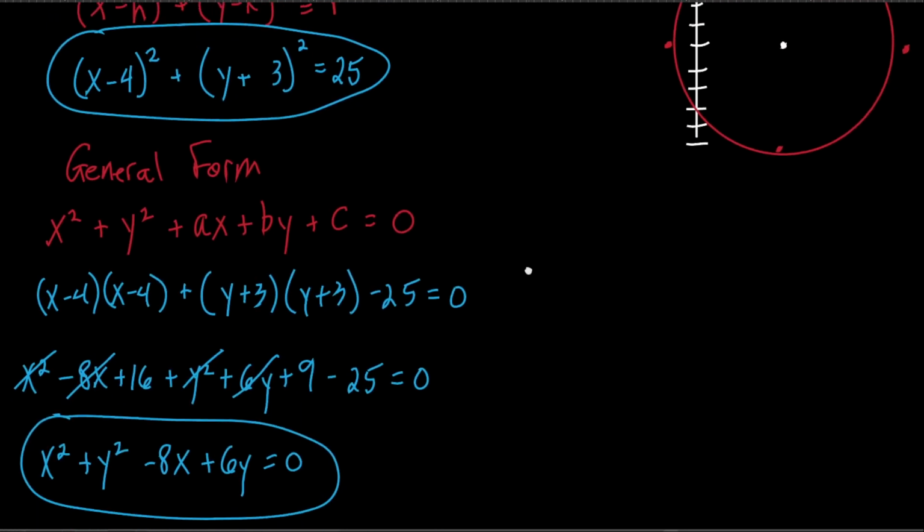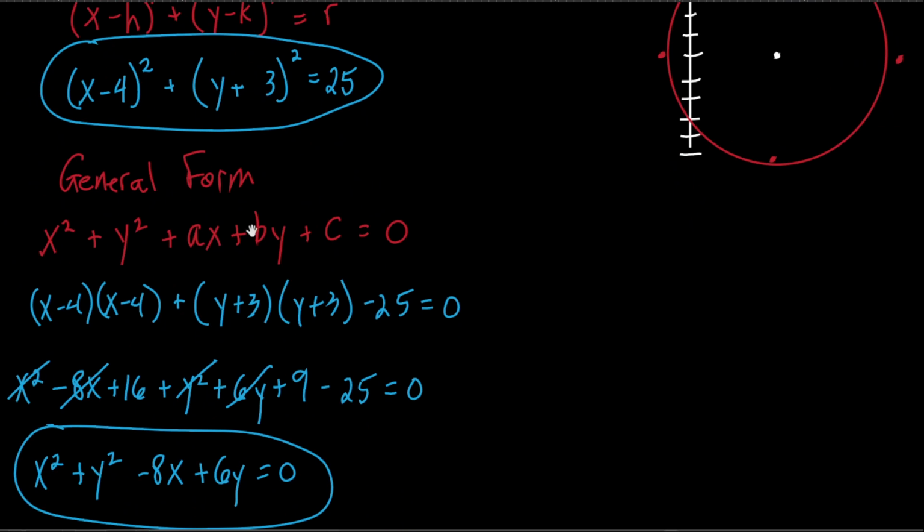So here's the answer to this question. There's 3 parts to the answer. There's the standard form, the general form, and then you got the graph. I really doubt you're going to have to get all 3 right to get the problem right. I might split it up. I said 5 questions.